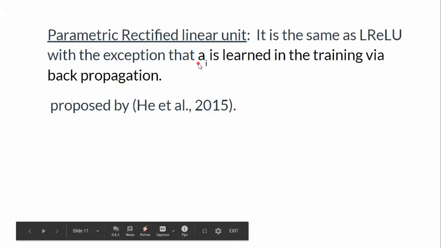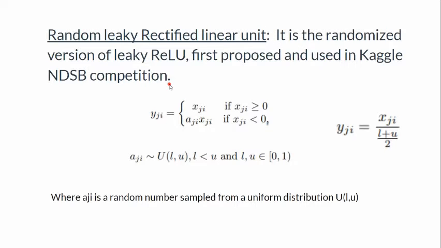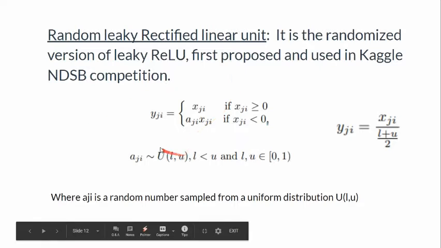Parametric ReLU, as we mentioned before, the slope alpha i is learned in the training via backpropagation, whereas in leaky ReLU it is preset. Now, randomized ReLU. It was first proposed and used in the Kaggle National Data Science Bowl competition.